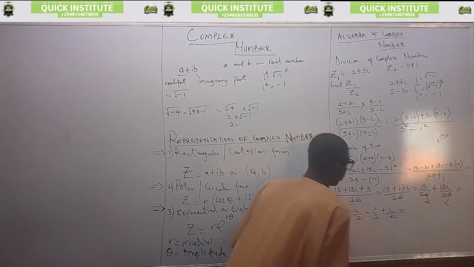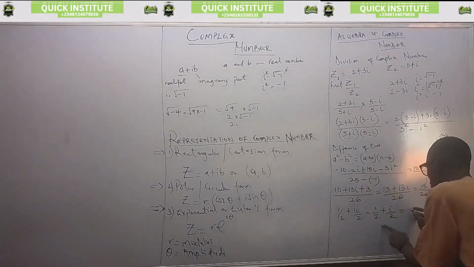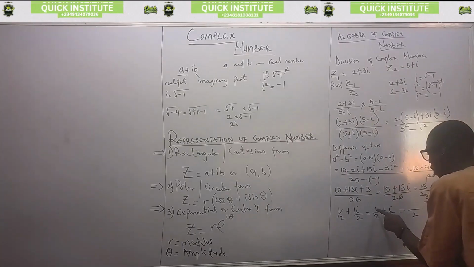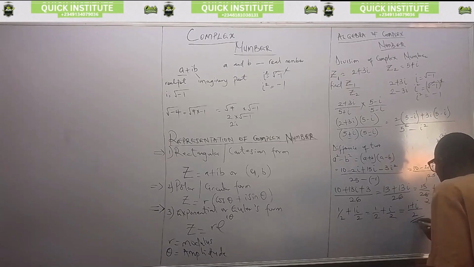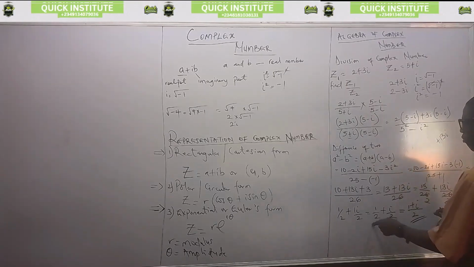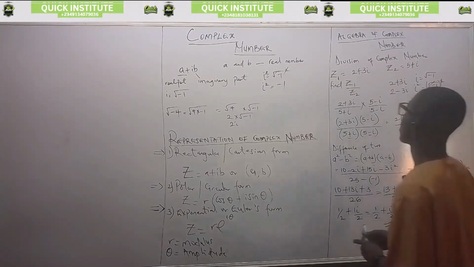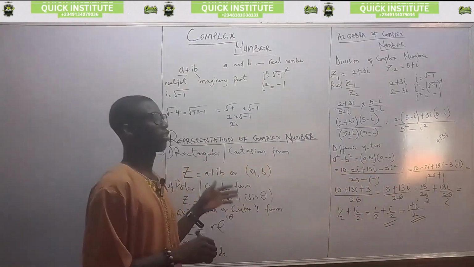You can rephrase it by taking the LCM, which is 2, so we have 1 plus i over 2. That's the answer, or leave it as this. It's still the same thing. So this is how we divide complex numbers.